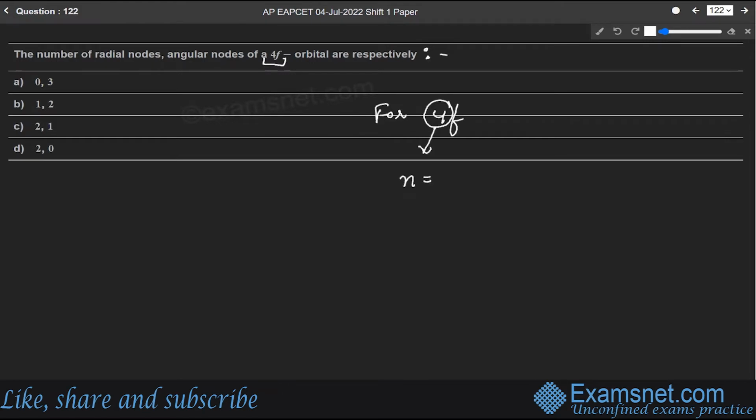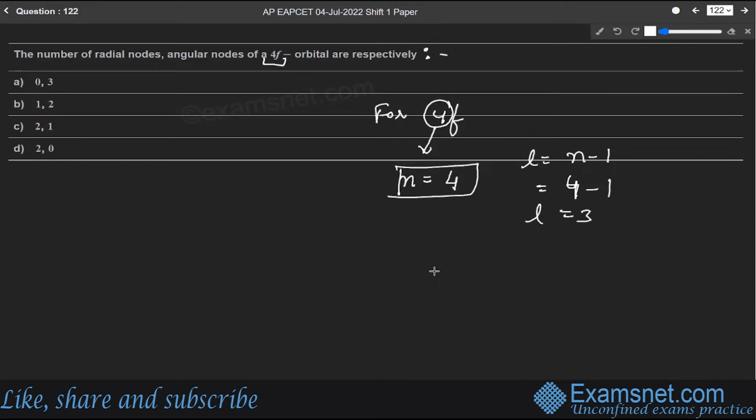That's already given, 4. And how do you find l? l is n minus 1. Very easy. You already know this, so that's 4 minus 1, which would be 3.